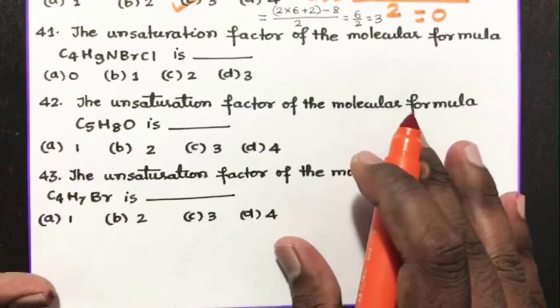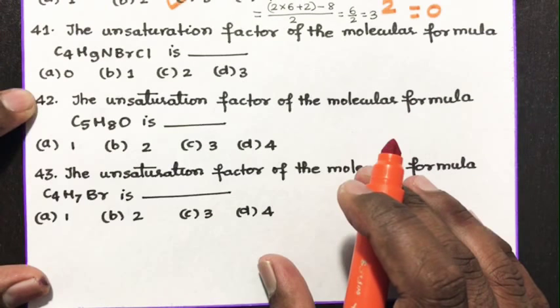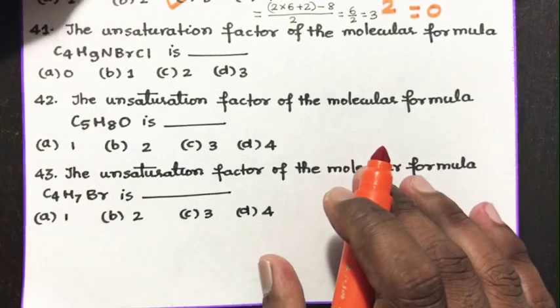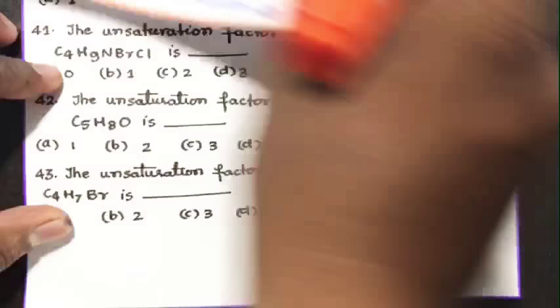Now coming to the third one. The unsaturation factor for the molecular formula C4H9NBrCl.